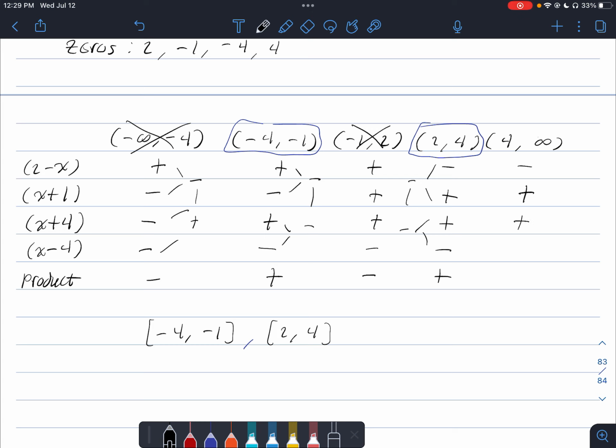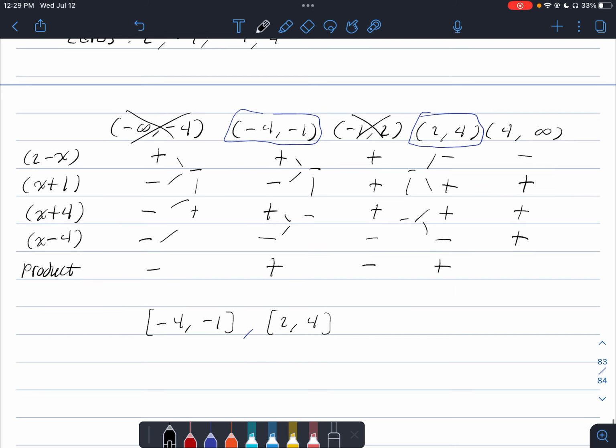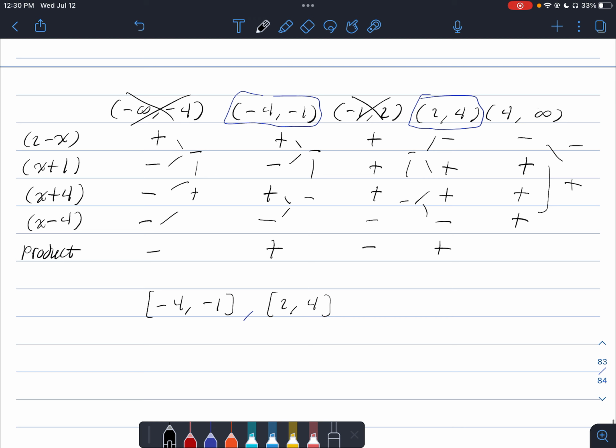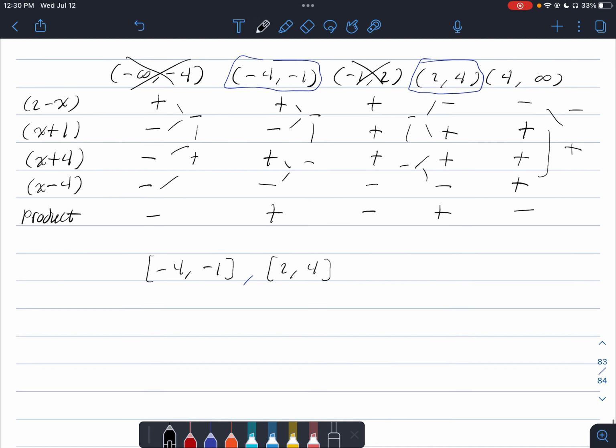And then we have 5 minus 4. That's 1. That's positive. So we have three positive numbers multiplied together. That'll give us positive times a negative will give us a negative. Okay, so their product is negative. So we are not going to include the interval from 4 to infinity.